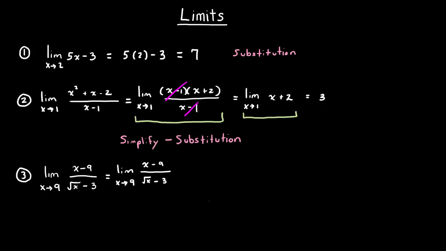So the denominator is radical x minus 3. The conjugate of the denominator is going to be the quantity radical x plus 3. And so what we do is multiply the top and bottom, the numerator and denominator, by the conjugate of the denominator. Let's say that again because I want you to know that language.